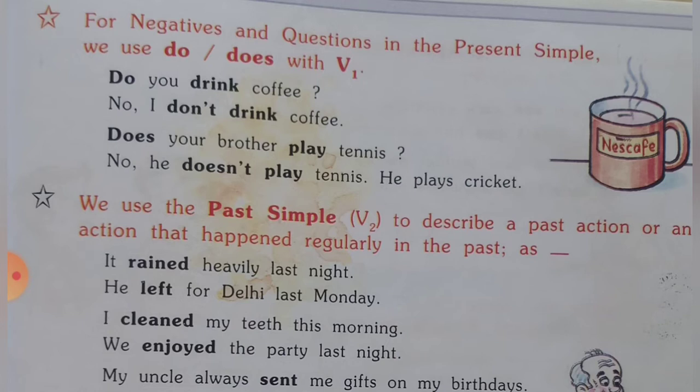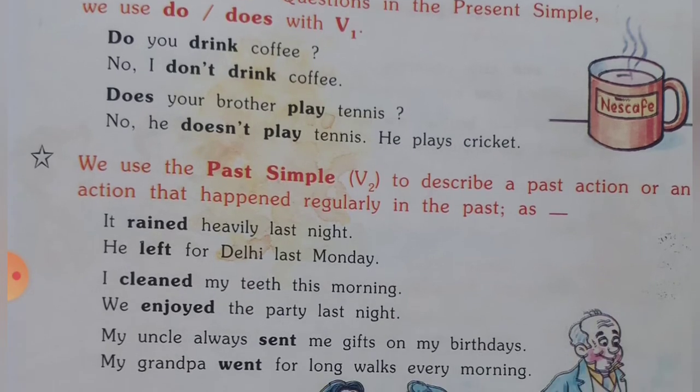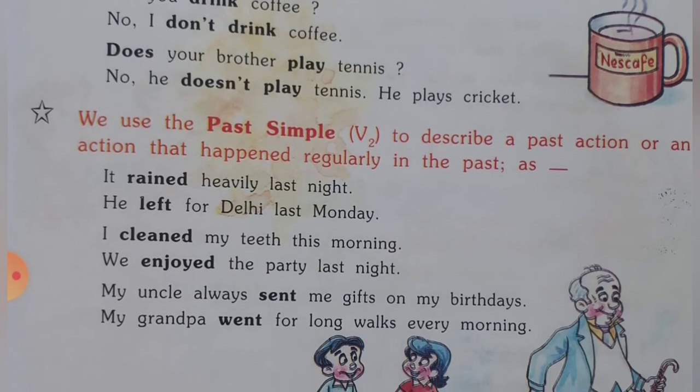He plays cricket. We use the simple past tense verb to describe a past action or an action that happened regularly in the past, as: It rained heavily last night. He left for Delhi last Monday. I cleaned my teeth this morning. We enjoyed the party last night.